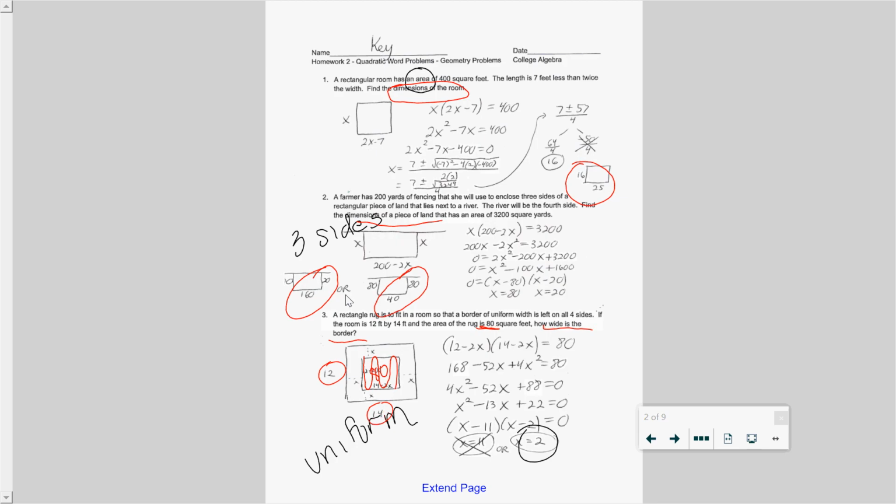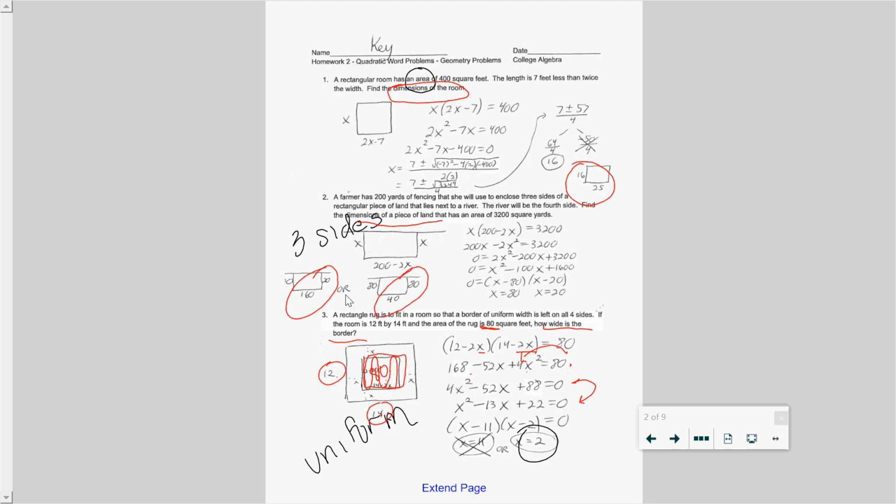Since we're given outside and I want to find inside, I got to use a subtract. When you're given outside, going to inside, it's subtract. When you're given inside, going outside, it's an add. I just multiplied them all out and brought that 80 over.